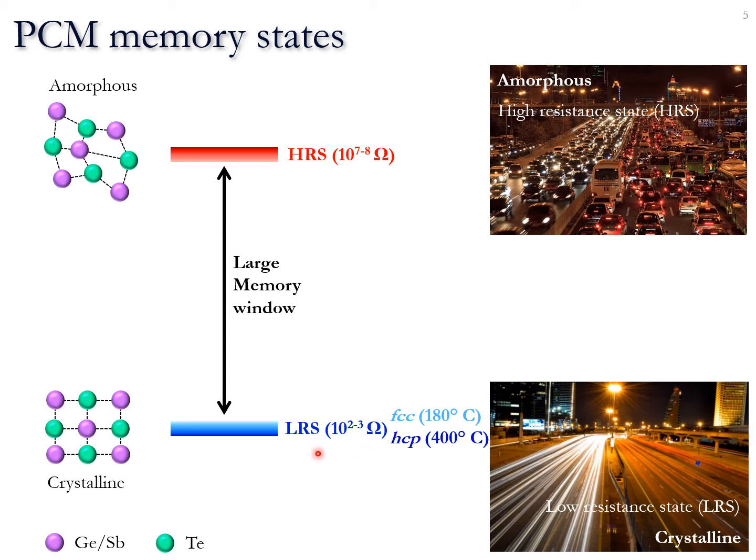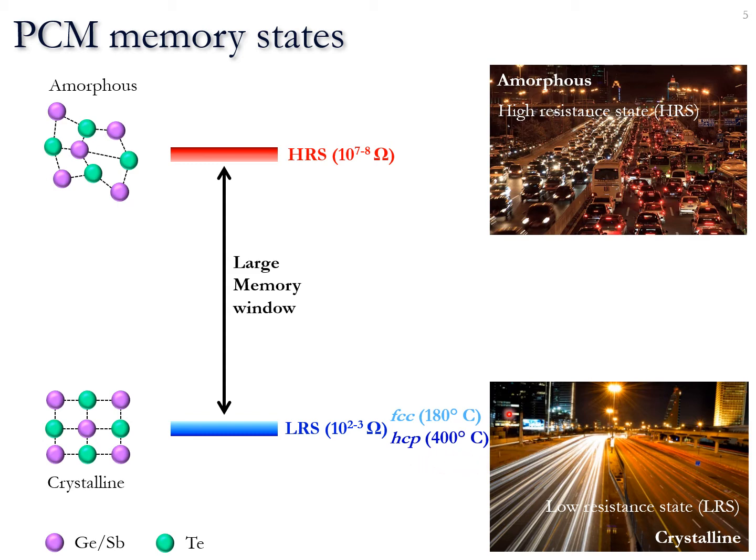Now, the LRS also has two states. One is known as the hexagonal close packed, or HCP, which is obtained by annealing the cell for a few minutes at 400 degrees Celsius. This HCP state is not obtained by electrical pulsing. Only by annealing or heating at this temperature can we obtain this state.